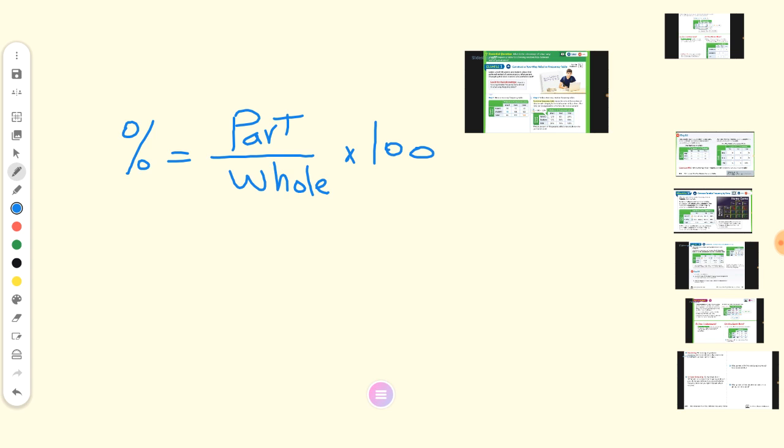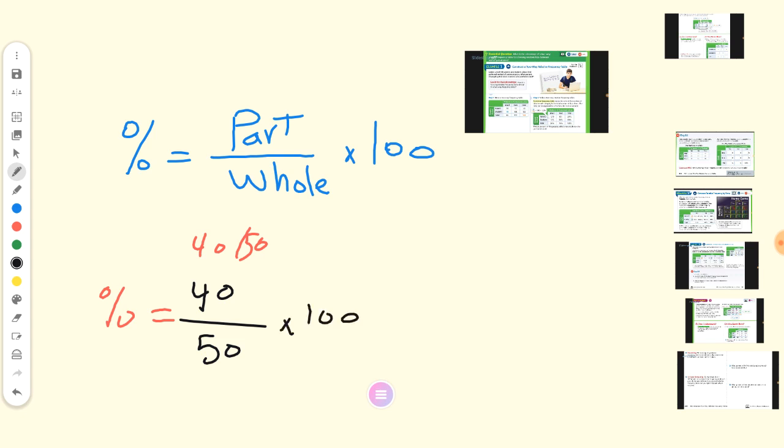As an example, if you take 40 out of 50 on the exam, how do you represent it as a percent? Percent equals part, which is 40, over whole, which is 50, because this is the whole number, multiplied by 100. After simplifying, it will be 80%.